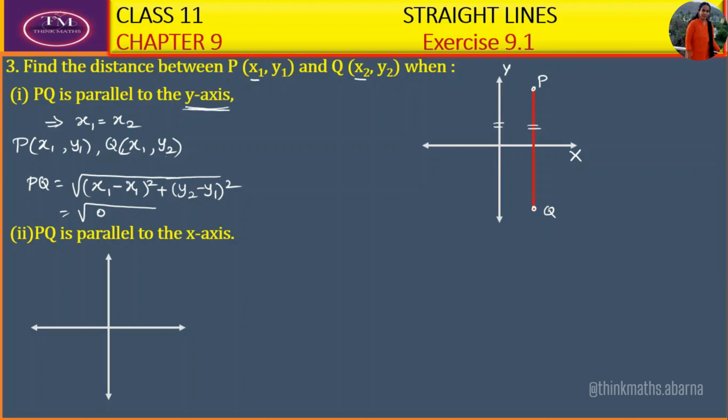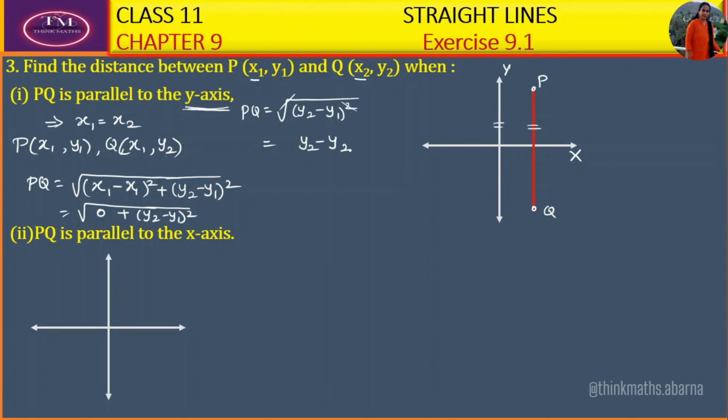So square root of 0 plus (y2 minus y1) the whole square. Therefore PQ will be equal to, since 0 plus anything is the same number, the square root of (y2 minus y1) the whole square. So the root and power 2 get cancelled, and we get y2 minus y1.